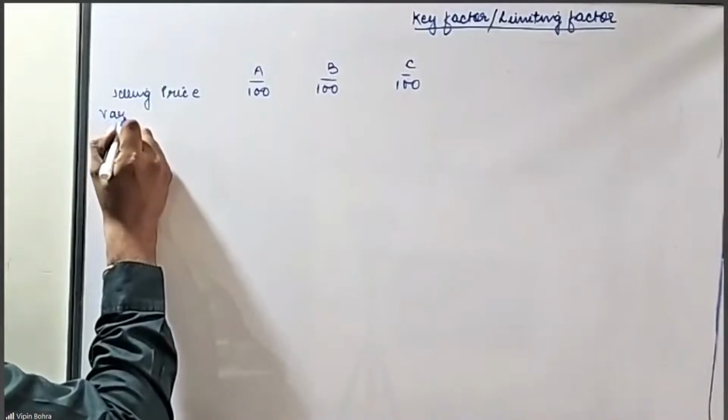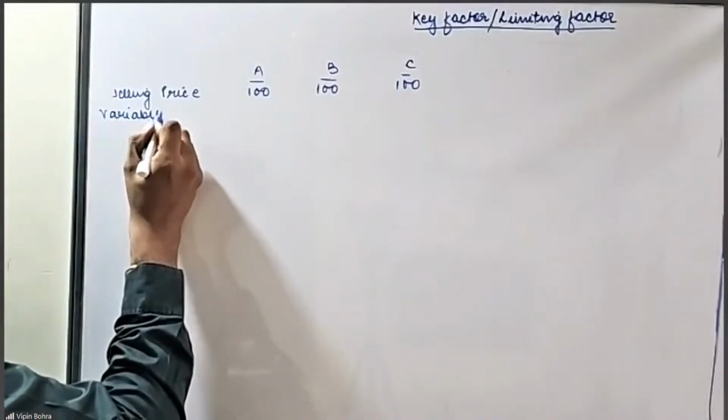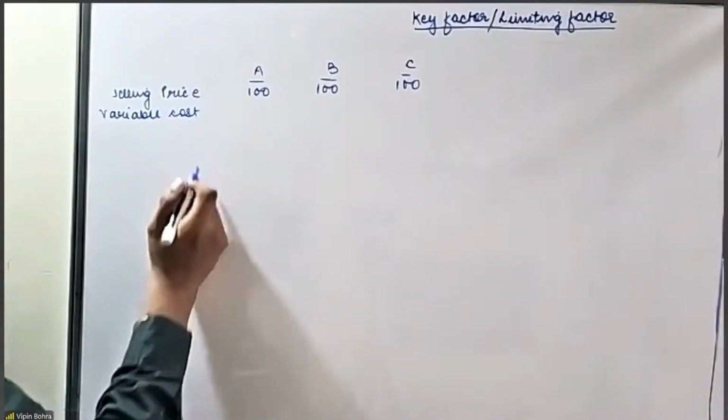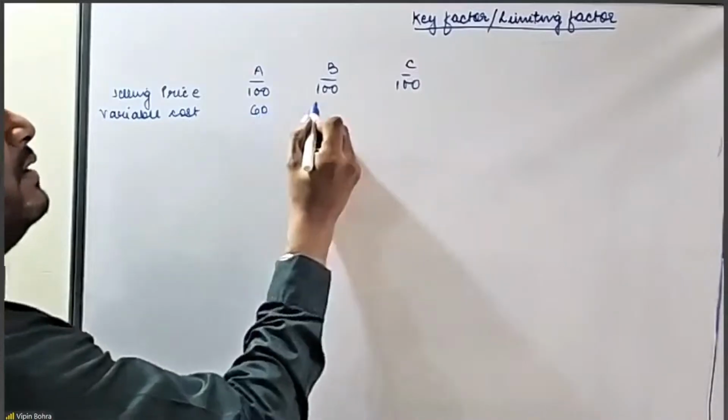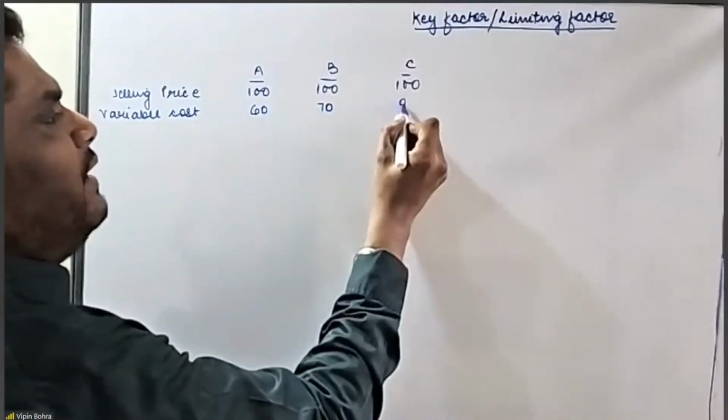Further, variable cost, let's take it as 60, 70, and 80.